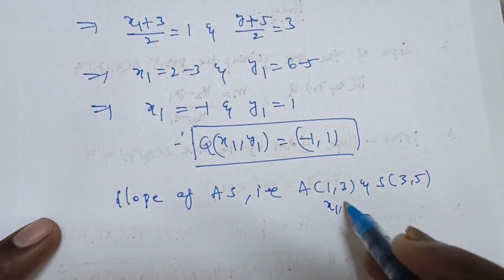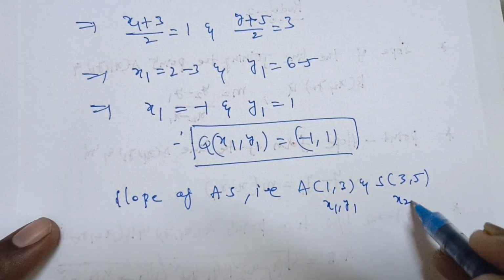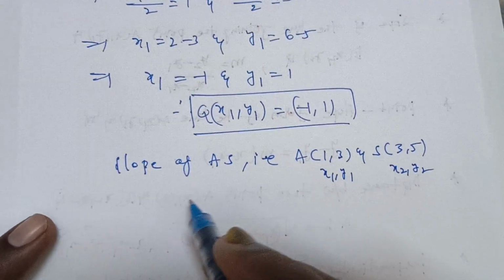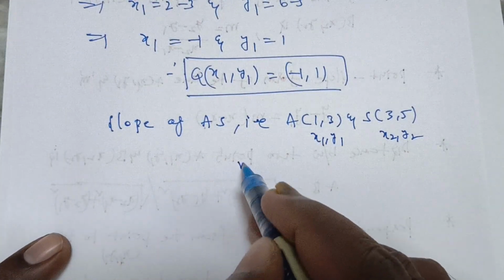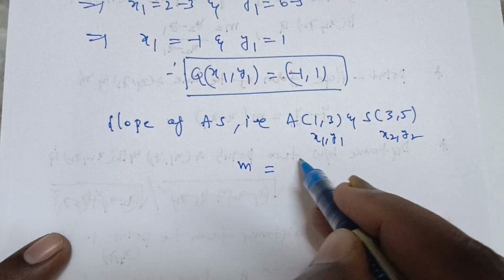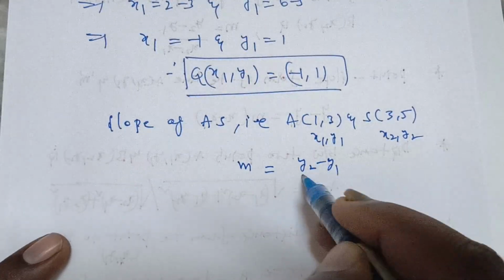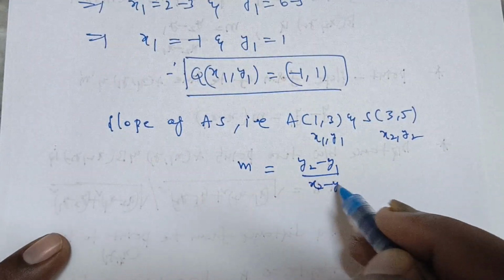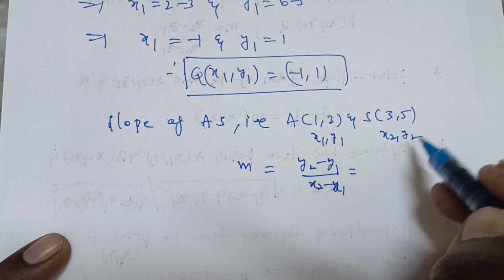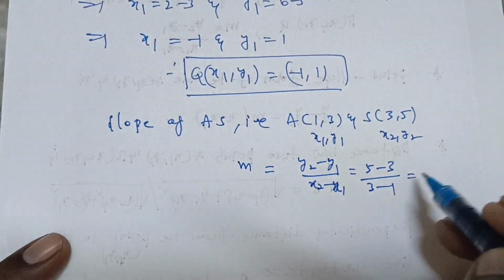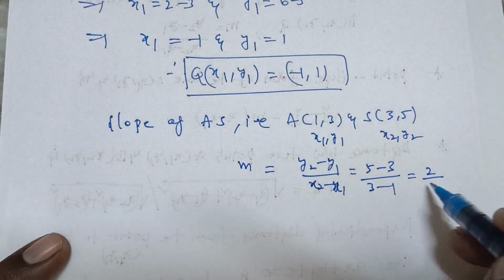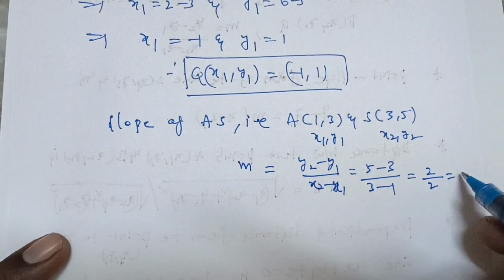Assume it is (x1, y1) and (x2, y2). The slope m is equal to (y2 - y1)/(x2 - x1). So here (5 - 3)/(3 - 1) = 2/2 = 1.